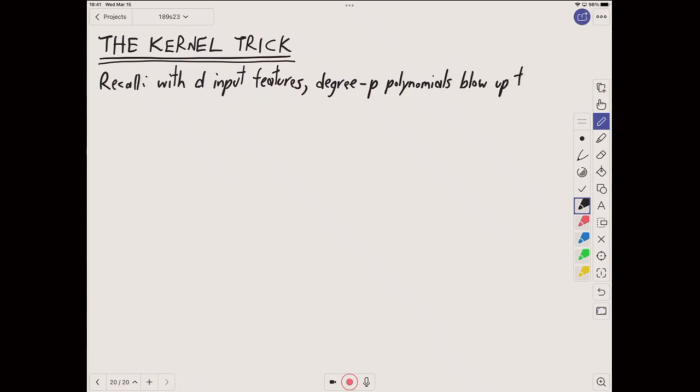Well, what that does, of course, is it increases the number of features a lot. If you want fully general p-degree polynomials, then what you do is you replace your d-component feature vectors with lifted vectors, and the lifted vectors each have something on the order of d to the power of p features. So, if you want to do fourth order polynomials, degree 4 polynomials, then you are blowing up the number of features to d to the power of 4.